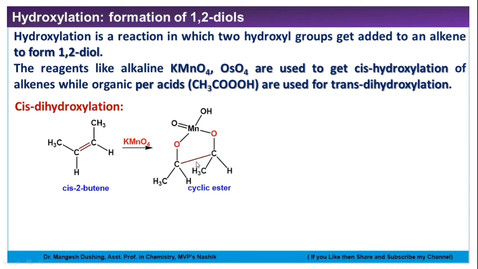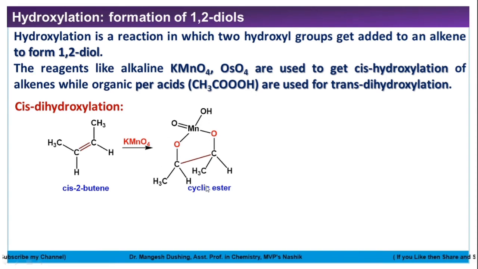So if you label these oxygens, and if you see the product contains labeled oxygen, it means that both oxygens are coming from the potassium permanganate, not from the water and not from the solvents. Both oxygens are coming from the manganate.